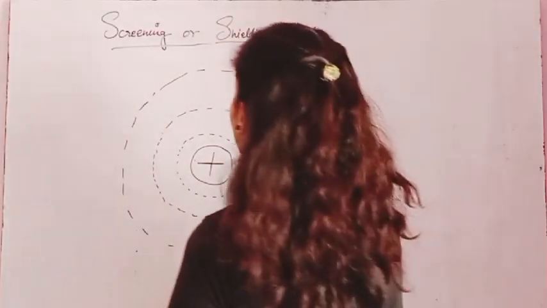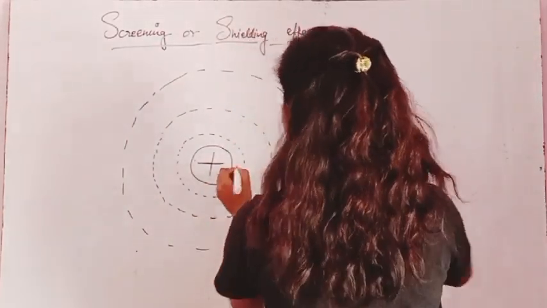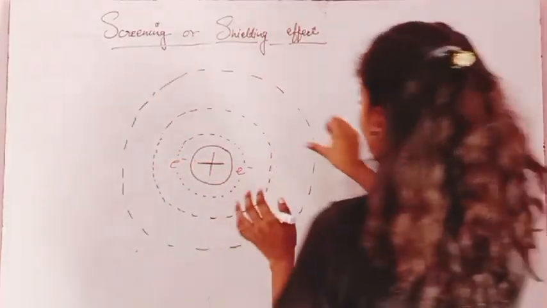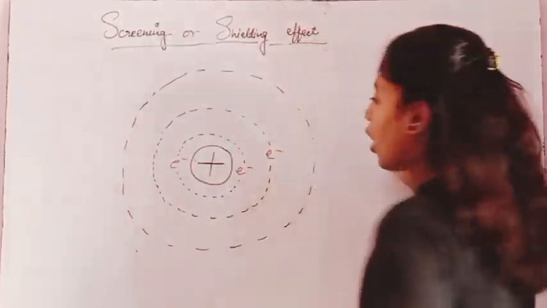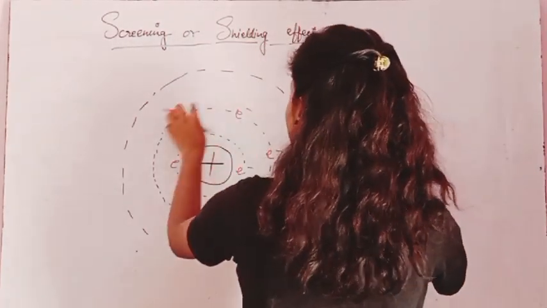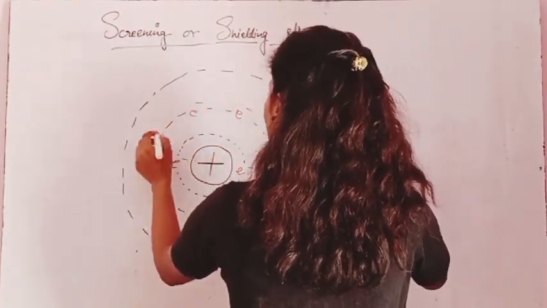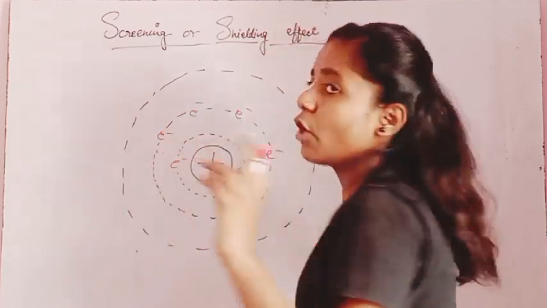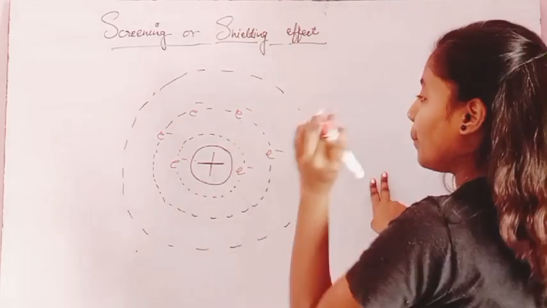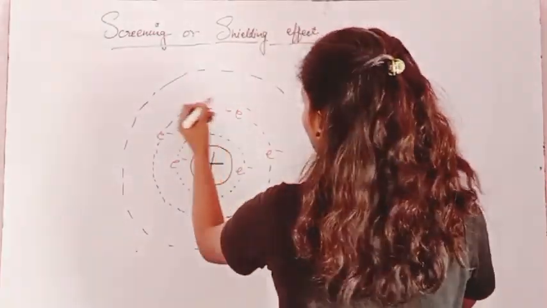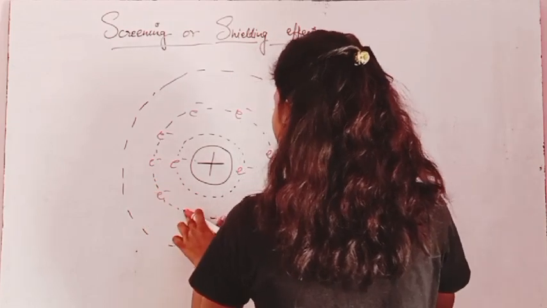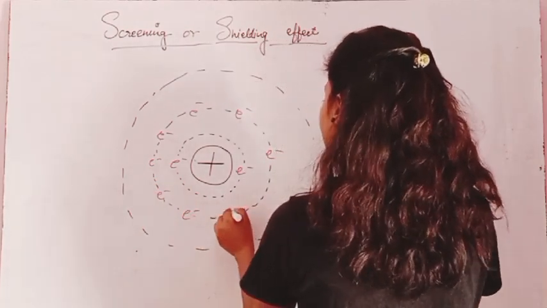Now see, I'm gonna represent the electrons by red. Electron number 1, electron number 2, filled it out. Then on the second orbit, it contains 8 electrons. I'm gonna fill it out: 1, 2, 3, 4. If you're not keeping your eye on this, you will be responsible, not me, right? So please, everyone, please focus. 1, 2, 3, 4, then 5, 6, 7, 8.